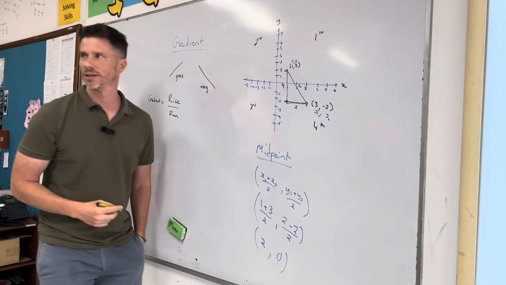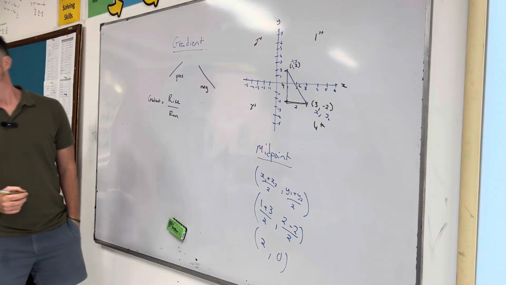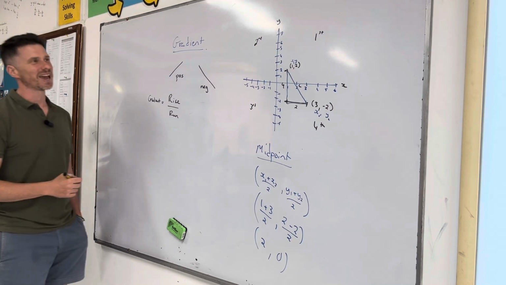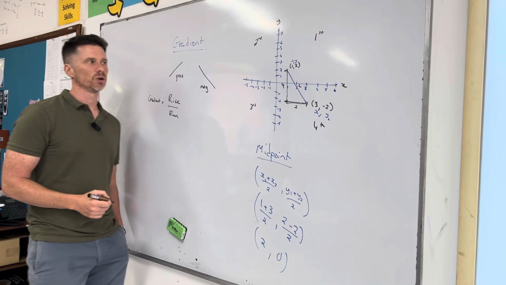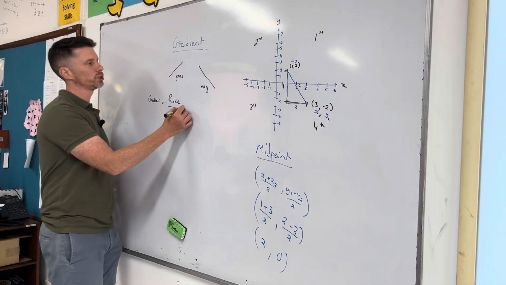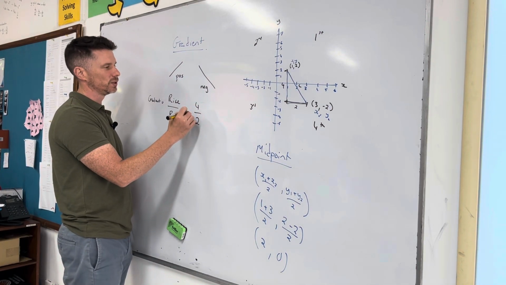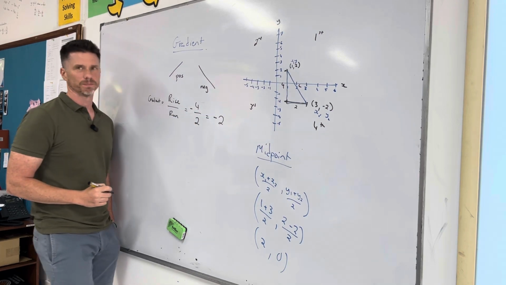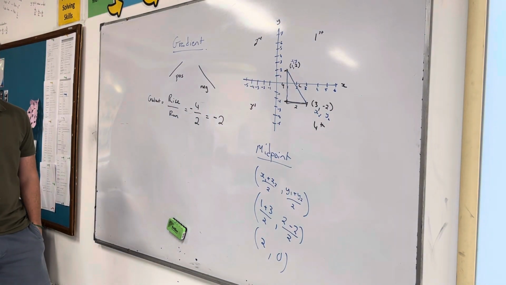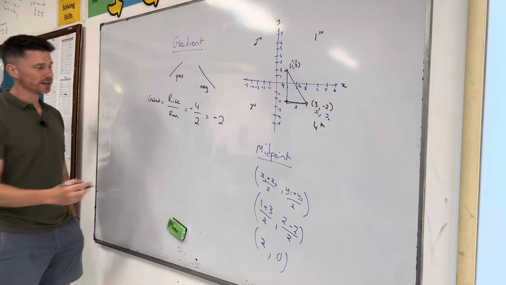Be careful. Negative 2. Yes, you can see it's going downhill, so it would be negative 2. You just count the boxes, 4 over 2 in this case, which is 2, but of course it's going downhill, not uphill.